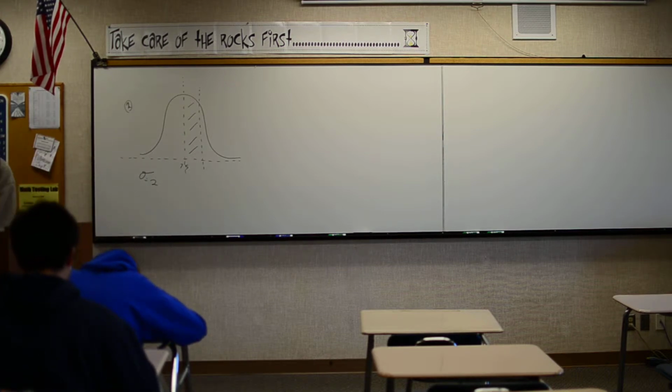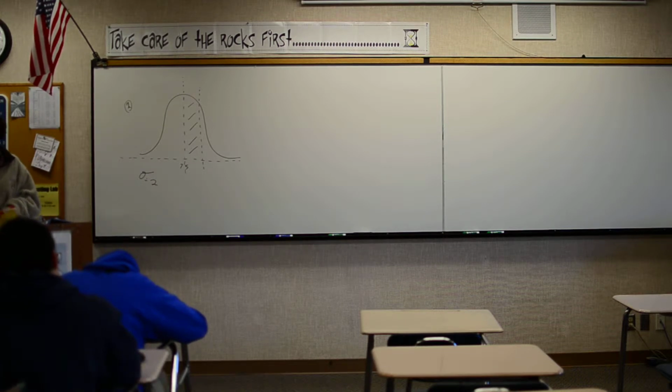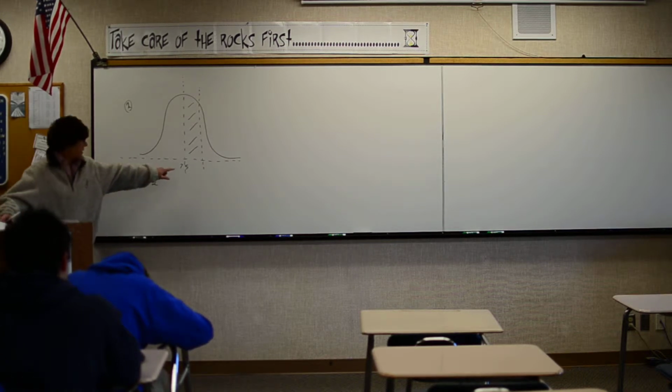That's not what it tells you. What does a z-score give you? If I say your z-score is 3, what does that mean? What was number 2? What's that value right there?